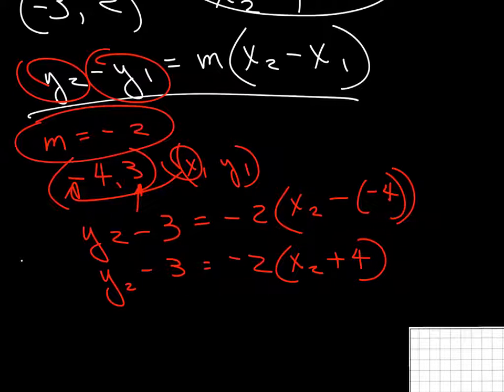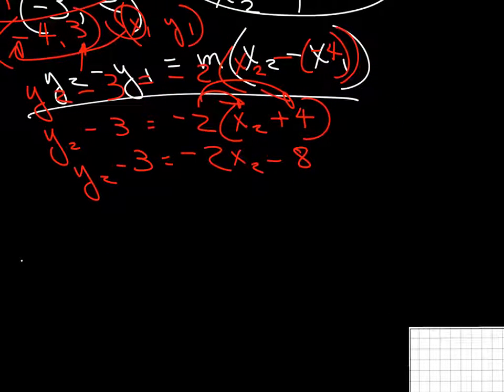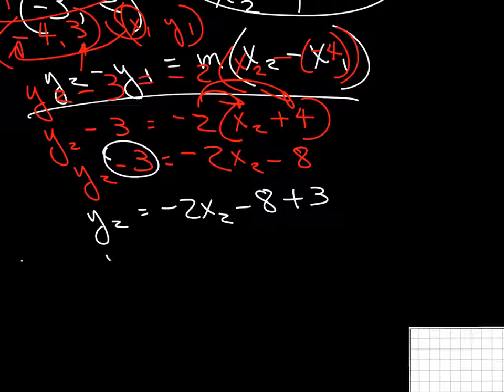Okay, now let's go ahead and distribute that -2. So we have y2 minus 3 equals -2. Okay, so I distributed that here and there. And let's move all this up. Now I'm going to add 3 to both sides. Okay, so that gives me, okay, now I'm going to take off these numbers because I don't need them anymore.